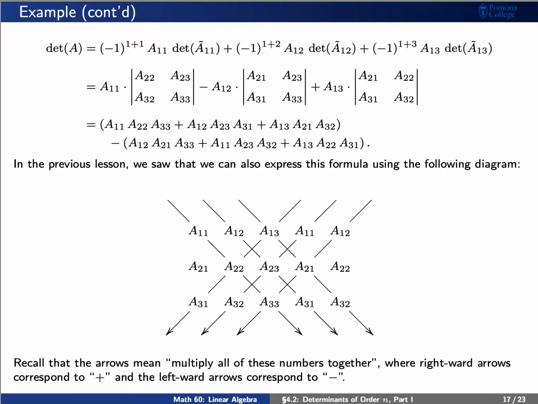Recall that the arrows just simply mean that we're going to multiply all of the numbers together that appear along the arrows, whereas the arrows going from the upper left to the lower right correspond to addition, and the arrows going from the upper right to the lower left correspond to subtraction.